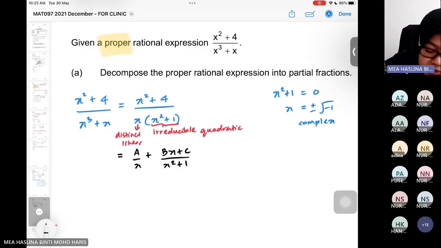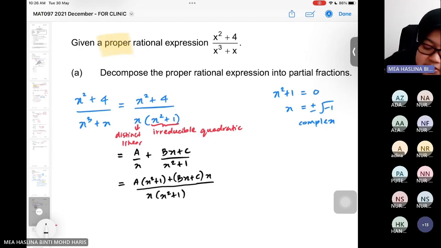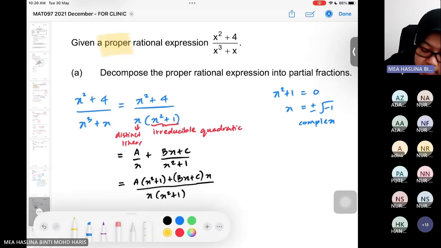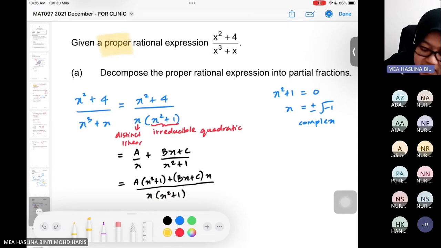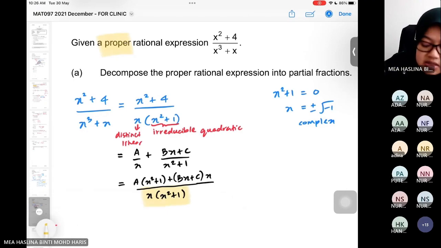Here we will need to write it as a single fraction. So A multiplied by x squared plus 1, Bx plus C, we multiply by x. On the right hand side, you have x times x squared plus 1, the same as the original denominator.